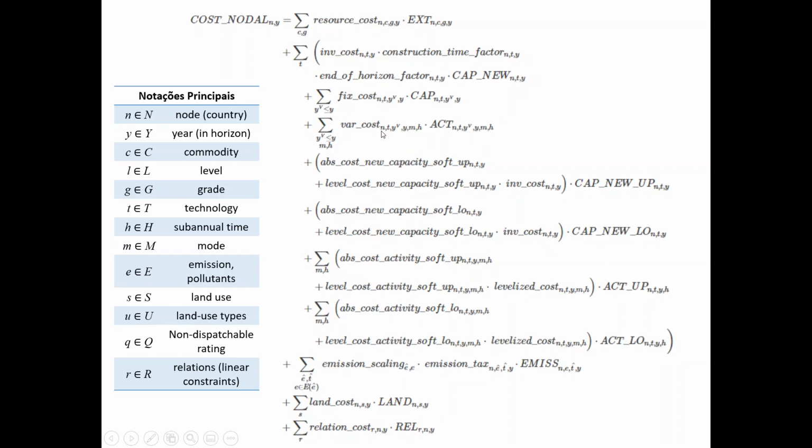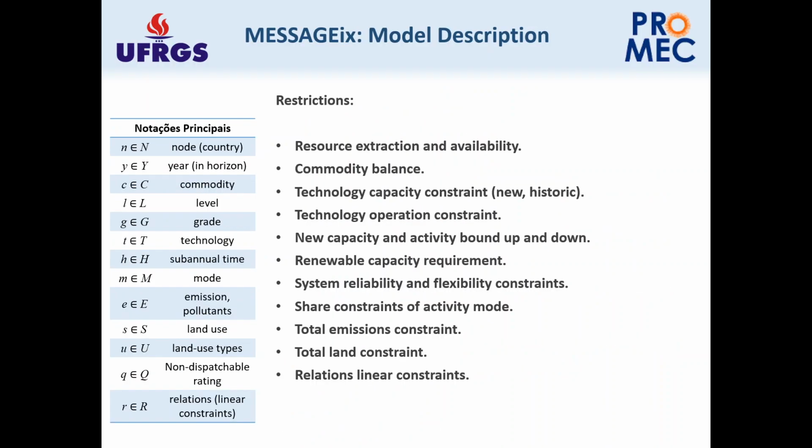So take the variable cost, for example, of a coal power plant. A coal power plant has a variable cost. Then you put all these links, so you need to link for the variable cost all this data in order for the model to understand what this variable cost is referring to.